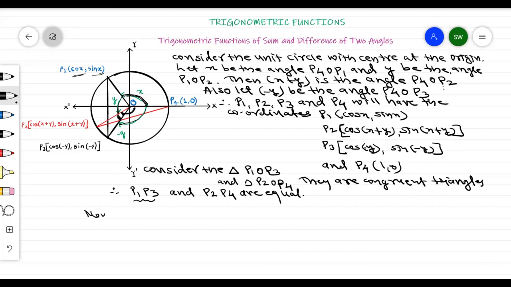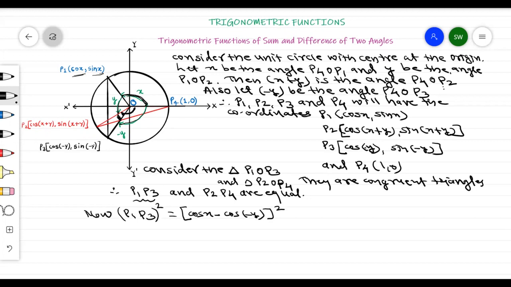Now I find the square of P1P3, by using the distance formula: y2 minus y1 whole square plus x2 minus x1 whole square. So here will be cos x minus cos of minus y whole square.